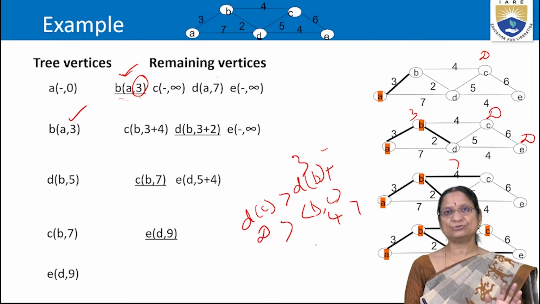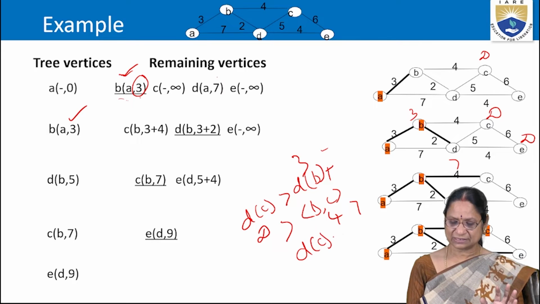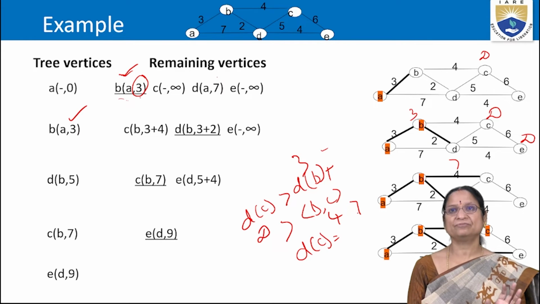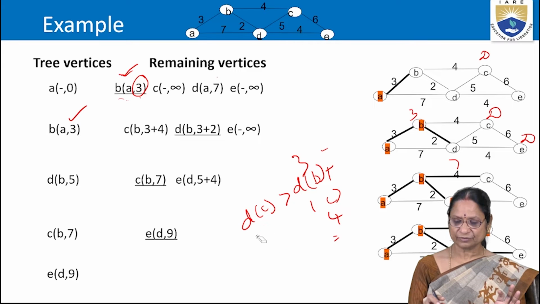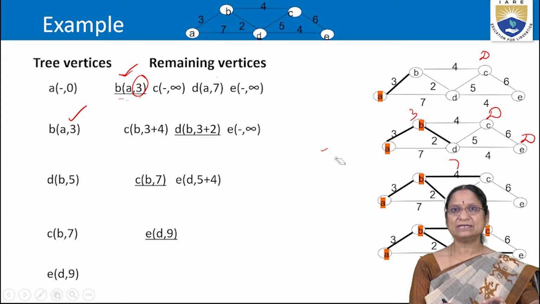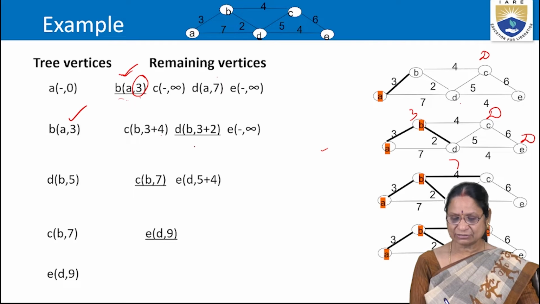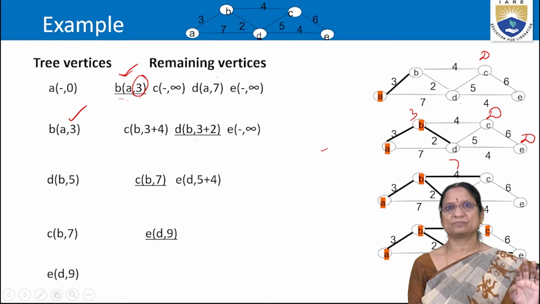Then what are we supposed to do? Update our distance of V. So distance of C is equal to combination of these two, update. This is known as the relaxation rule for us. So based upon this, C can be reachable with 3 plus 4 and similarly D can also be reachable with 3 plus 2 but E remains as it is.